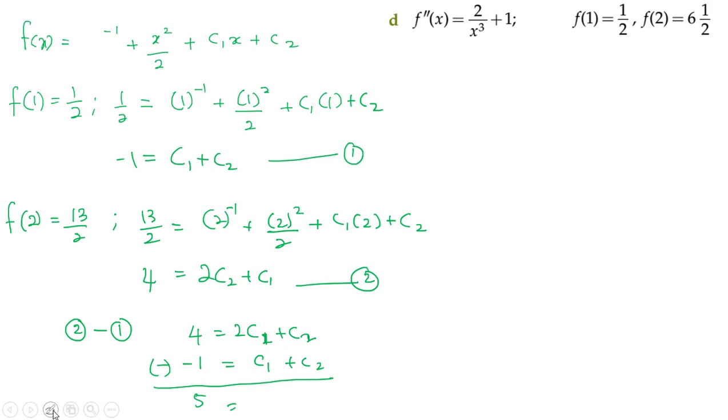Kejap. Okay, so 2C1 minus C1 is C1, plus 0. C2 minus C2 is 0. Now you dapat C1 equal to 5. Substitute C1 equal to 5 into negative 1 equal to C1 plus C2. Negative 1 equal to 5 plus C2. So C2 equal to negative 6.